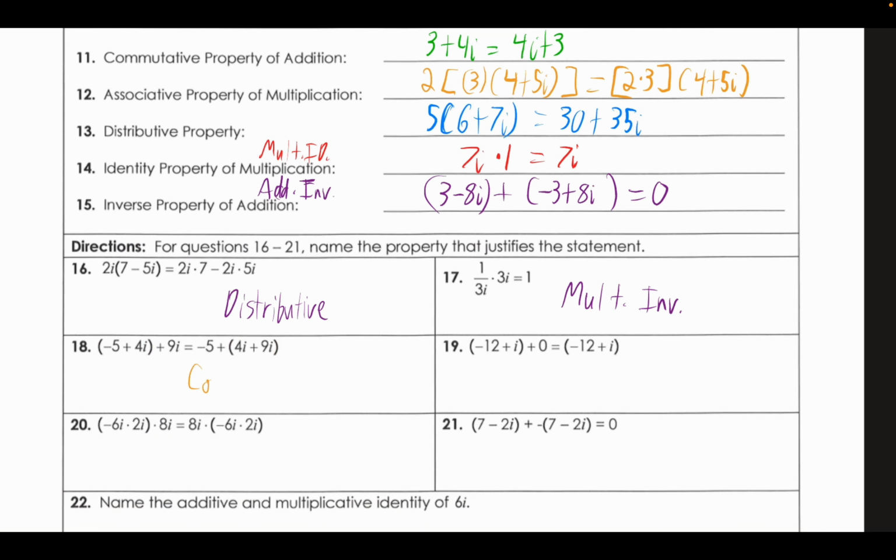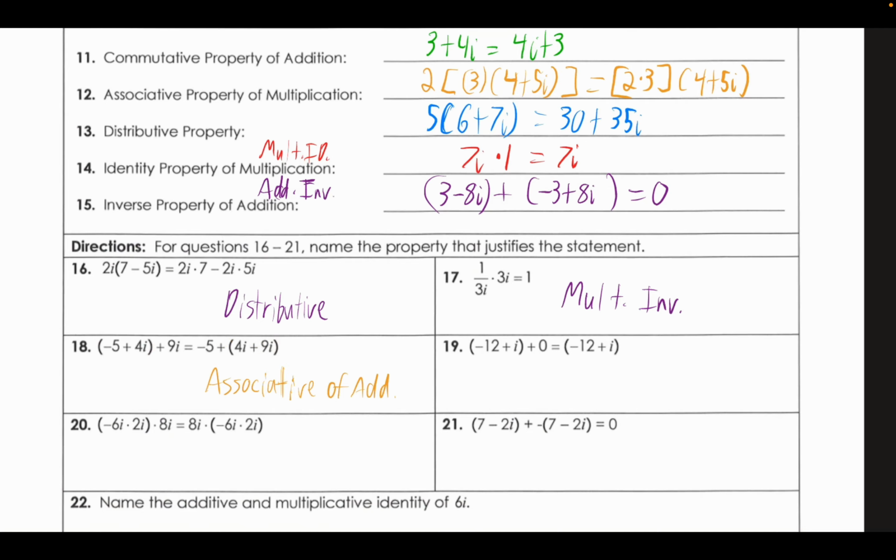So this is the associative property. The commutative property is if the numbers themselves would have moved. Specifically, it's the associative property of addition because you're adding. But if you just wrote associative property, I'd be okay with that.